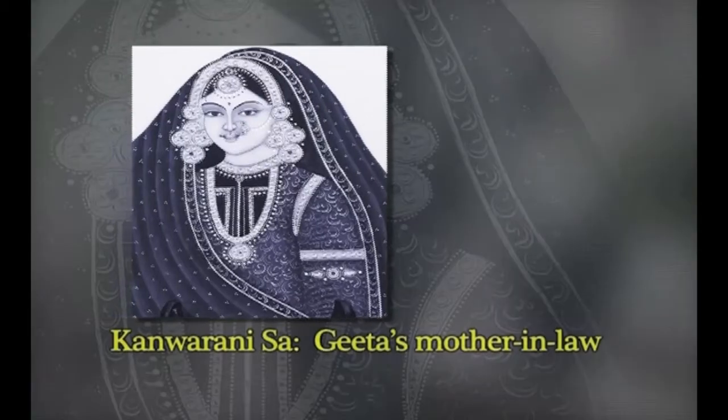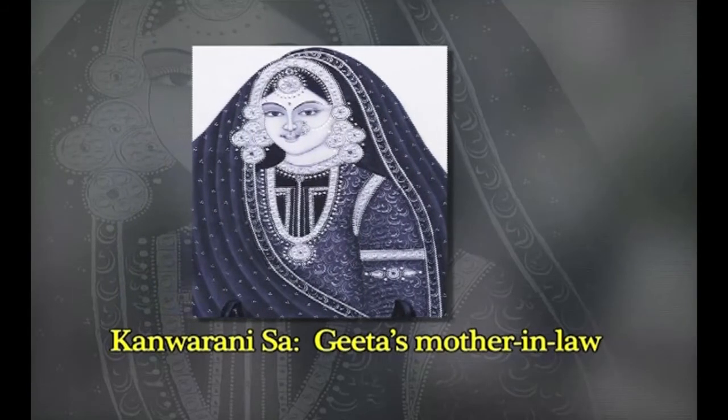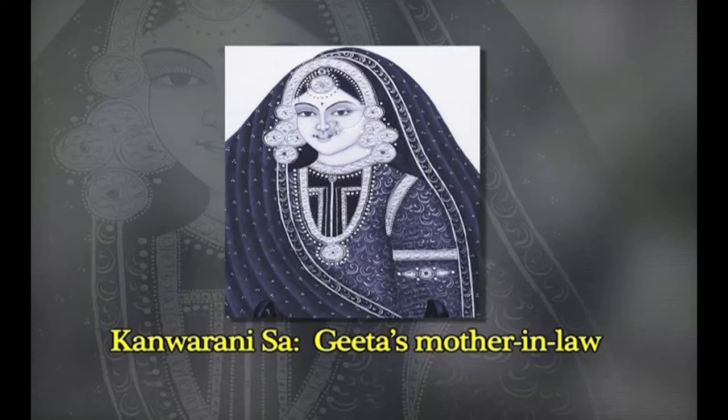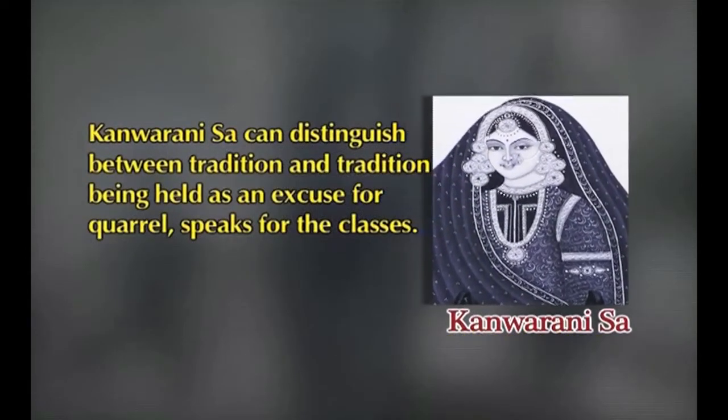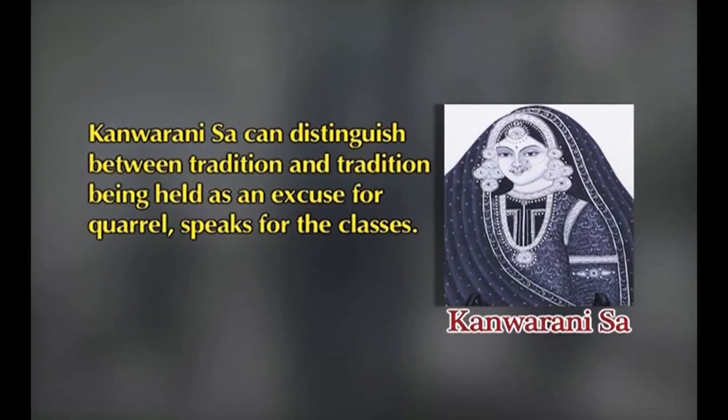But Kanvarani, Gita's mother-in-law, who can distinguish between tradition and tradition, being held as an excuse for quarrel, speaks for the classes. The tradition of monarchy is also held up by the author.